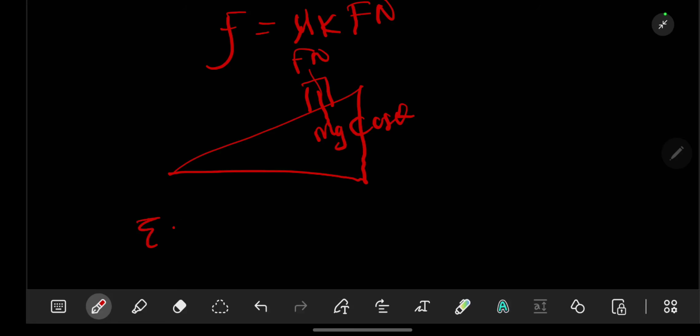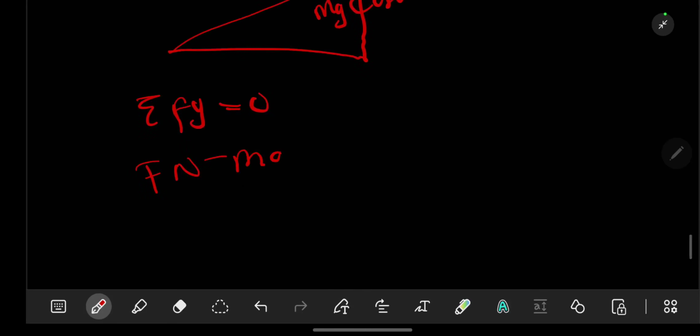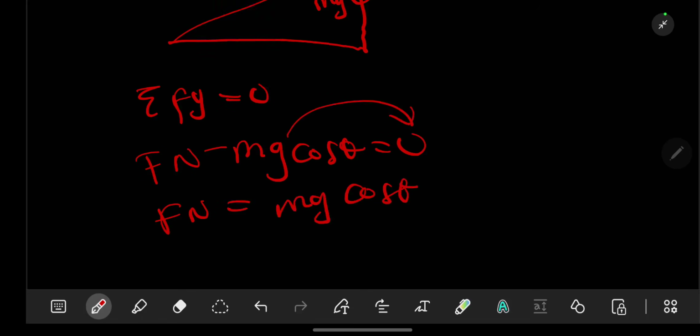We are going to have the summation of forces in the y equal to 0. It is not leaving the contact. It will be the normal force minus the opposite force, which is our mg, not sine but cos of theta, should be equal to 0. The normal force should be equal to, if this goes this side, mg cos of theta, like that.